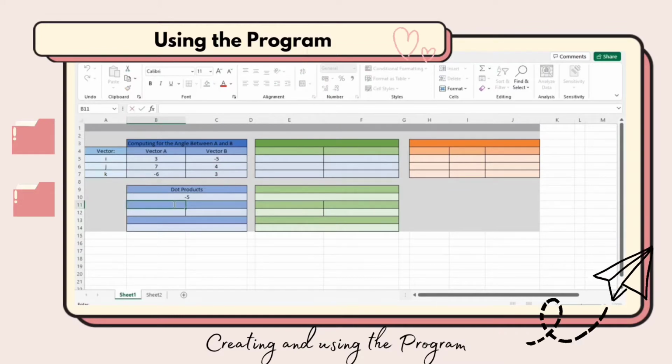After that, we should get the magnitude of vector A and the magnitude of vector B. To do that, get the sum of the squared components and take the square root of the answer. In Excel, we can just type.